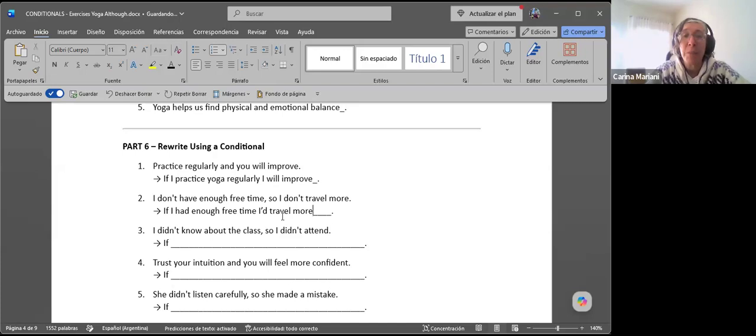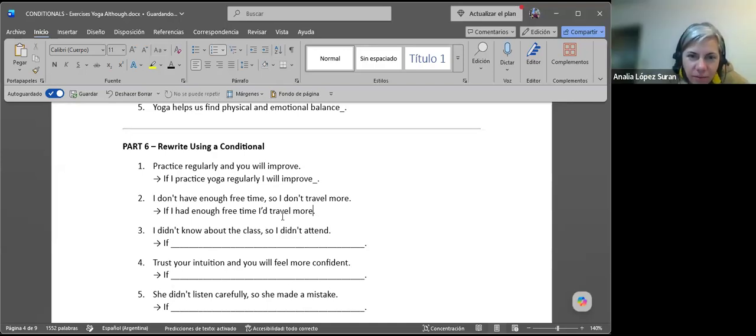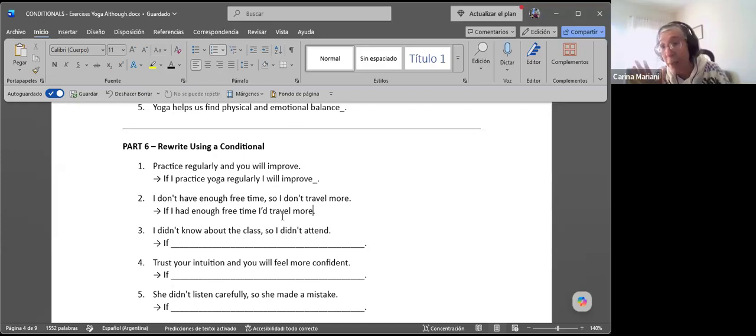Porque a veces hay que reescribirlo, digamos. Ahí te dice cómo es la situación. No tengo tiempo, así que no viajo. Entonces, ¿cómo sería todo en positivo? When you turn it into a conditional, o sea, si tuviera tiempo, viajaría. That's why when you use the if, you don't use the negative. You turn it into a what-if question. Por eso decíamos, ¿por qué se usa el pasado?